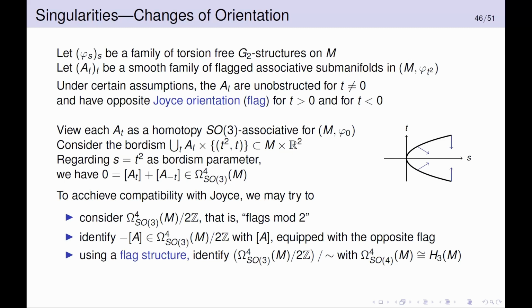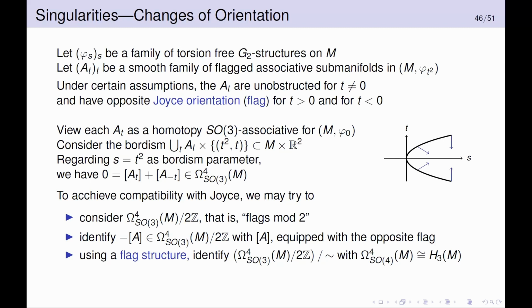So if we want to get in touch with this Joyce approach, first of all, we would not take the full flat SO(3) cobordism, we would mod out by 2Z, so we would distinguish only parities, not integers.